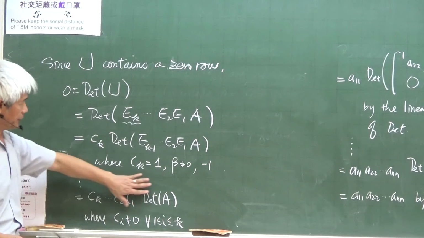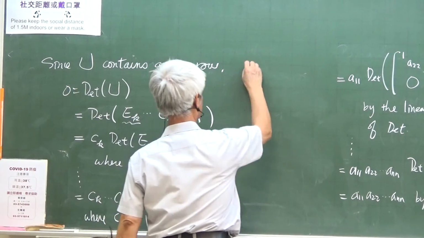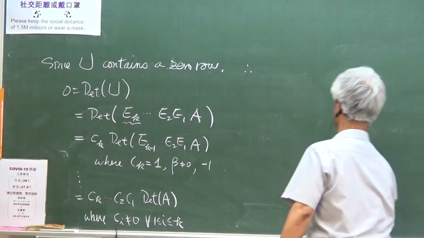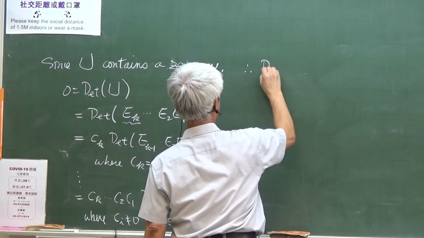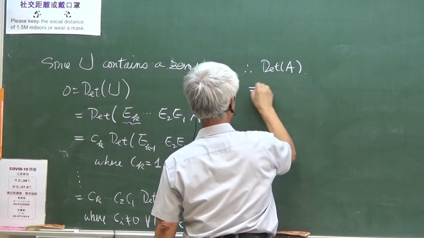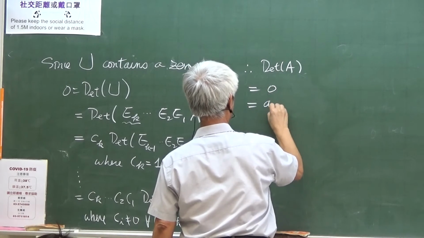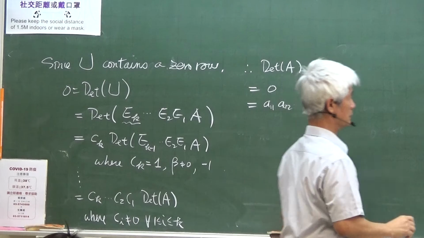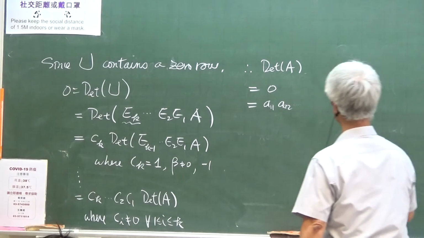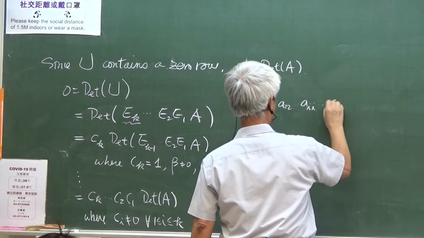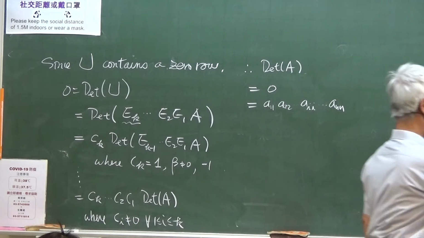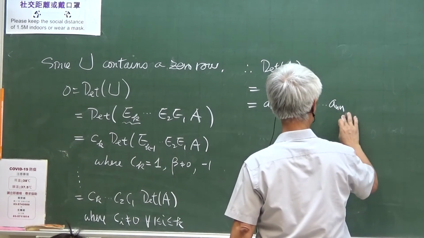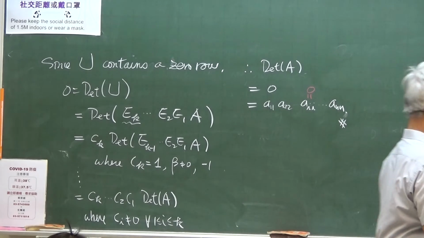But the product equals 0, so this implies that the determinant of A is equal to 0, and this is a11 a22 up to ann. And remember, some aii is 0. So we have done. Okay. So that finishes the proof.